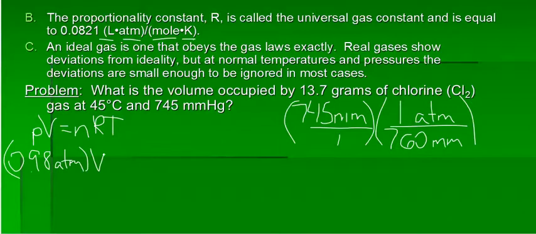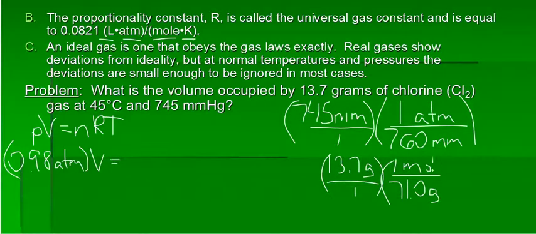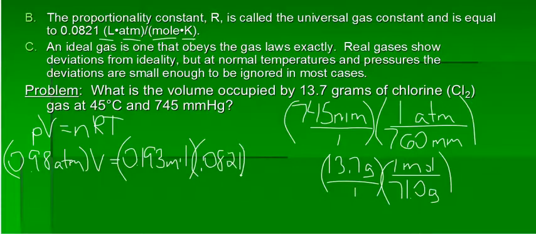I want to solve for volume. n is moles. Well, I'm given grams, so I'm going to take that 13.7 grams. I need the molar mass of Cl2, which is 71 grams per mole, and that will get me into moles, which is what I need. So I've got 0.193 moles. R is the universal gas constant, 0.0821.